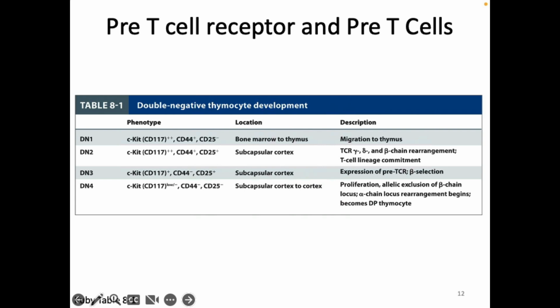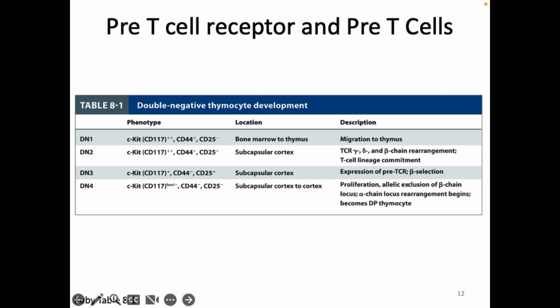So we're going to start making the pre-TCR. We're going to start testing it in DN3. And we're going to do things like proliferation and allelic exclusion in DN4. So those are going to be big events that are happening in those double negative cells.